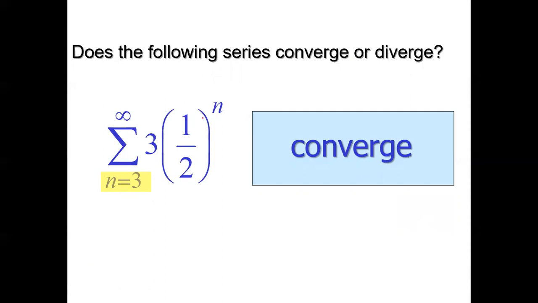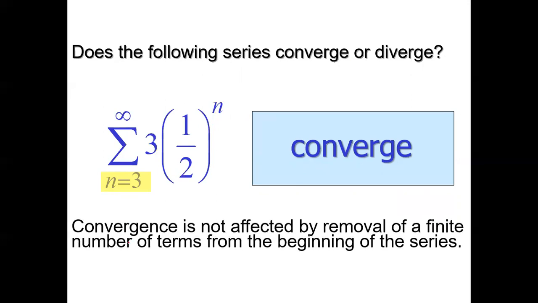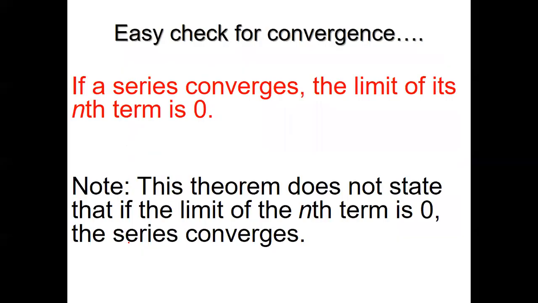Because if I let n equals 3, 1/2 cubed is 1/8. So my first term is 3/8. So this formula would be 3/8 divided by 1 minus 1/2. And so convergence isn't affected by removal of a couple of terms. It's still going to converge, but it will converge to a different value.